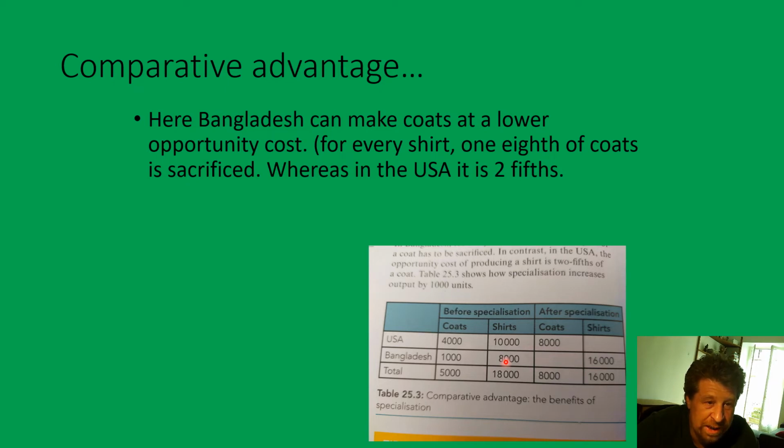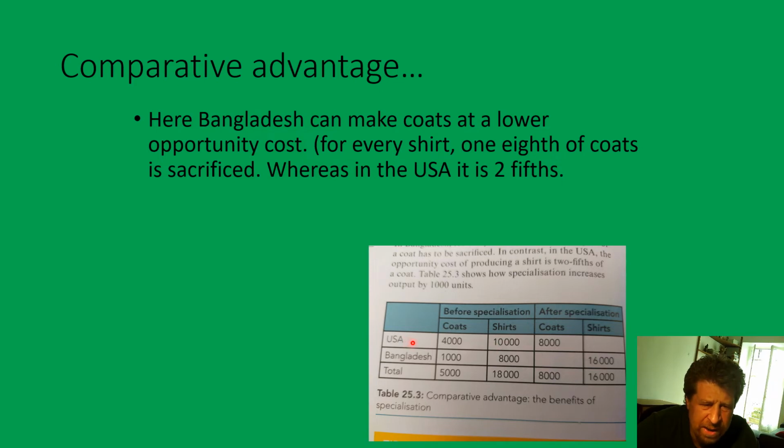Its opportunity cost is that for every shirt 1/8 of a coat is sacrificed, whereas for the USA, 2/5 of a coat is sacrificed for every shirt. Now, if we specialize, let's have a look.